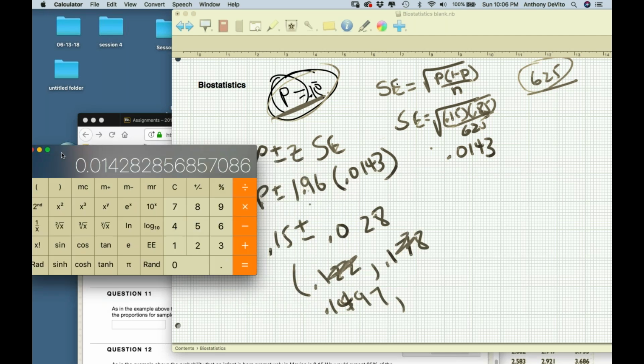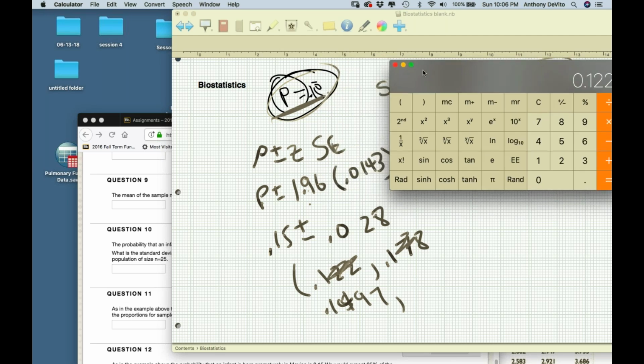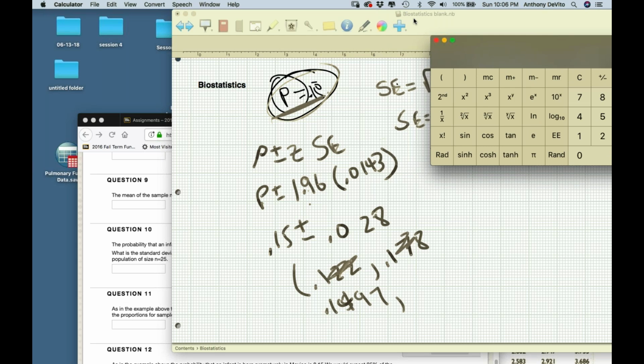I'm getting tired as the evening's going on, and I'm getting careless. Let me just do this. Okay, let's see. 0.15 minus 0.028 is equal to 0.122. I had it right the first time, I guess. Right, and so on and so forth. Did I subtract 0.02? Yes, I did. Okay. Right, and 0.148. I think I had it right the first time.